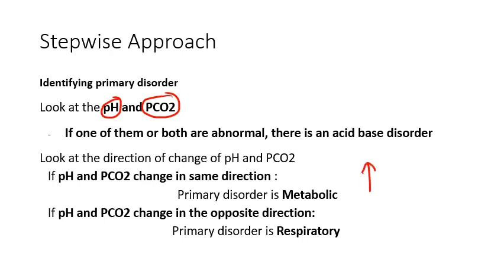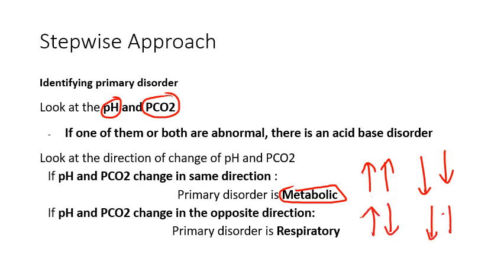If the pH increases and PCO2 increases, or if the pH decreases and PCO2 decreases, that is, the change is in the same direction, the primary disorder is metabolic. It can be acidosis or alkalosis depending on the change of pH. Then if pH increases and PCO2 decreases, or if pH decreases and PCO2 increases, the disorder is respiratory.